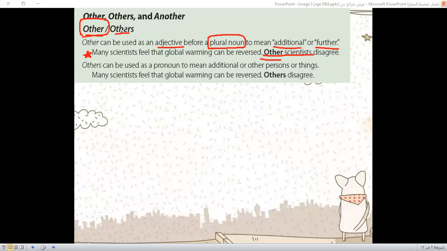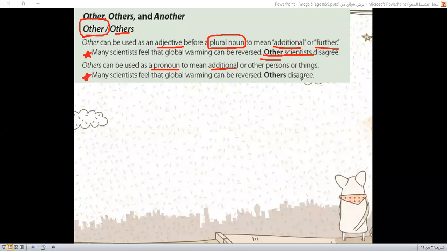Okay, if I want to use others, others can be used as what? As a pronoun, ضمير, that stands on its own. And also it means additional or other persons or things. For example, the same example, but instead of using other, he used others. Many scientists feel that global warming can be reversed.